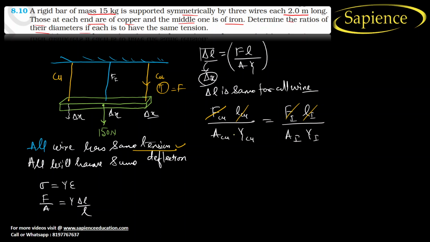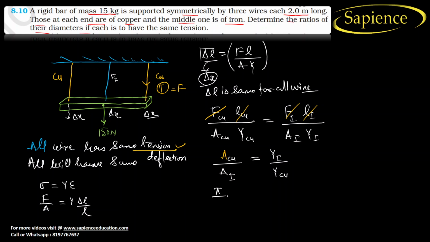Now, what about area? We want to determine the ratio of the diameters. So area of the copper divided by area of the iron is equal to Young modulus of elasticity for iron divided by Young modulus of elasticity for copper.